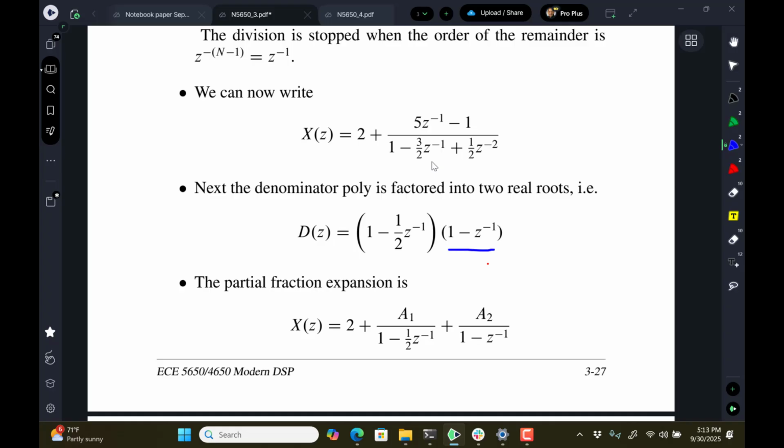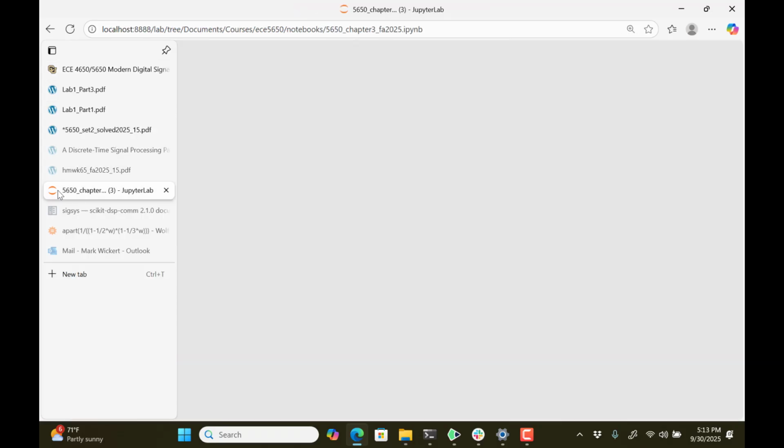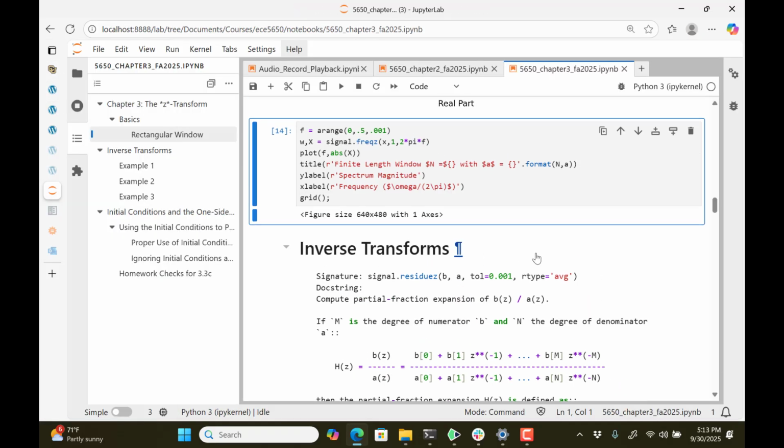I'm not going to dwell on that. I'm going to let you just fiddle with that, make sure you know how to do it. But maybe I should just say our coefficients are 1, minus 3 halves, and 1 half. So if you're wanting to go for a quickie check, you could go over here to Python.